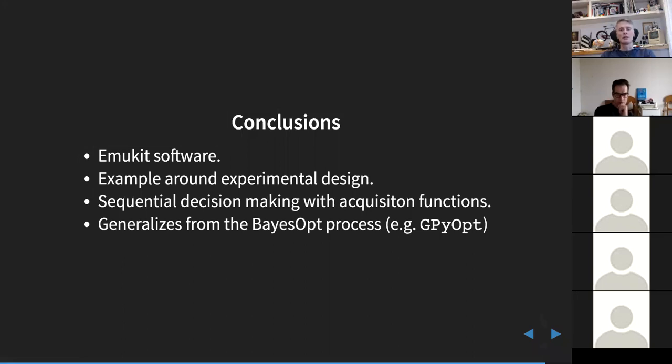So you can still obviously do all that design that we were talking about last time around the Gaussian process in order to capture what you think is the most interesting aspects of the system that you're simulating. But you just plug it into the EmuKit software that handles the running around of the loop, has got the acquisition functions implemented. Of course, it also allows you to implement your own acquisition functions, just as you can implement your own model wrappers.